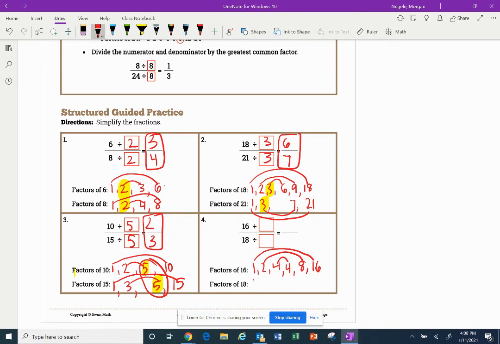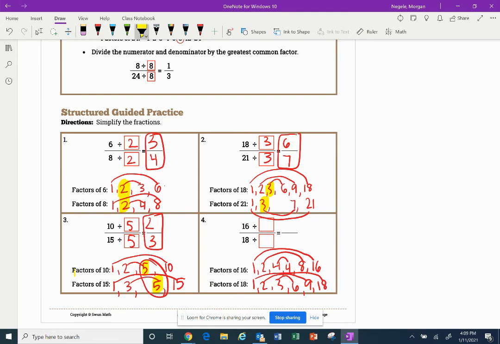Same thing for 18. 1 times 18 is 18. 2 times 9 is 18. And 3 times 6 is 18. Connect those facts. 1 times 18 is 18, 2 times 9 is 18, and 3 times 6 is 18. Now you need to compare the two and see what is my greatest common factor.